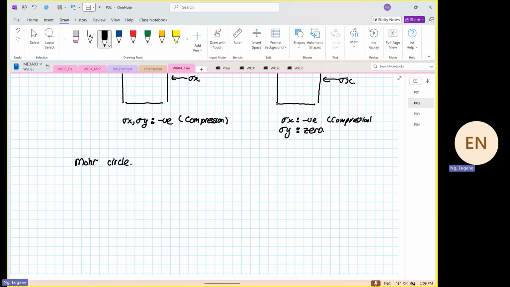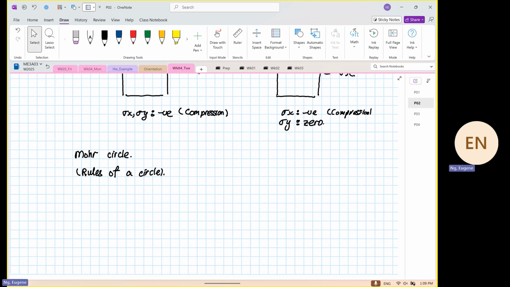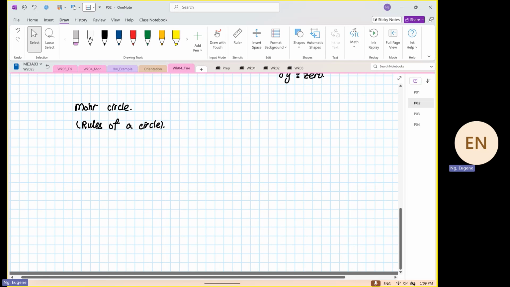Before we go into the Mohr circle, I want you to first of all understand the rules of a circle. My advice is to immediately go and buy a mathematical set. The first thing I'm going to draw now is a circle. So this is my circle, and this is the center of my circle.